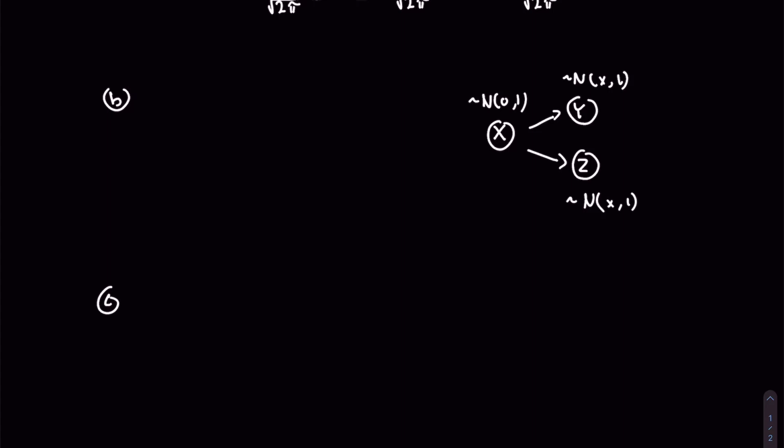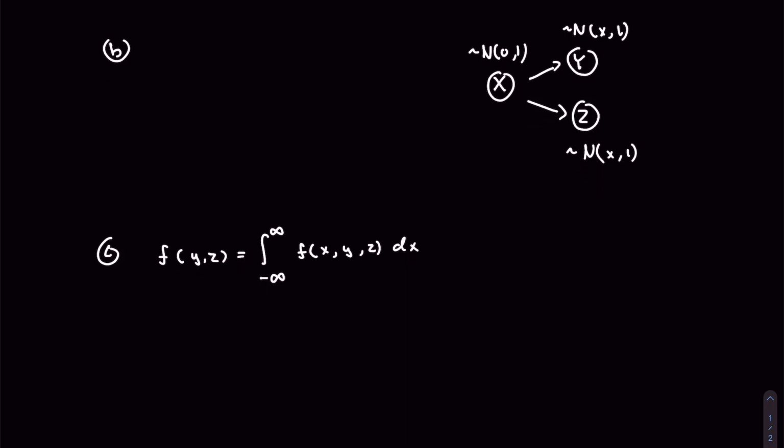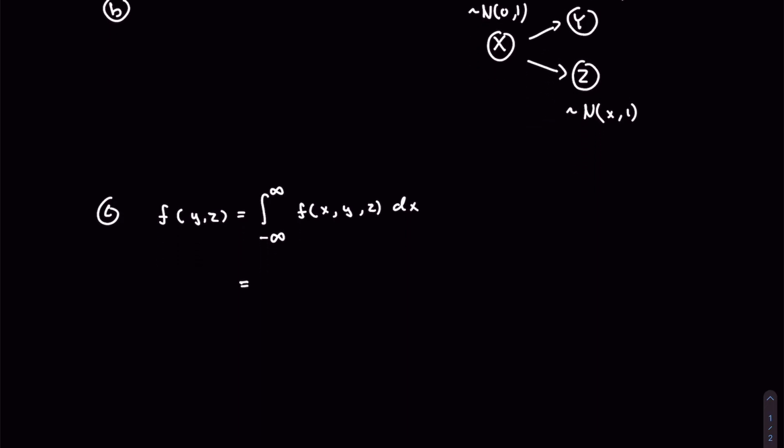We do that by integrating over all values of x, so all the support of x, of the joint distribution of these three variables.